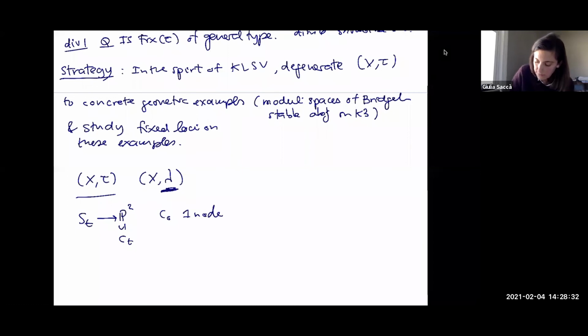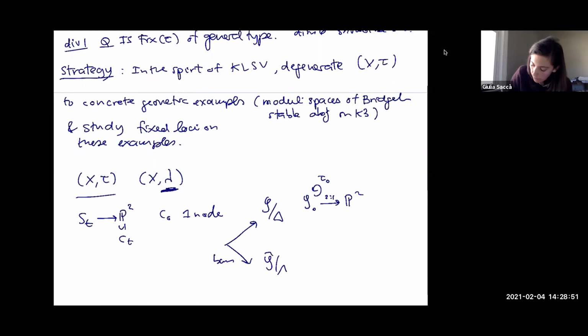And of course, this gives a family of K3s over the disk, where either the central fiber is singular and it has an involution corresponding to the double cover of P2, or after a base change, you resolve the K3, so the K3 surface is smooth and a resolution of that thing, but it still has an involution, but it's the wrong involution because it doesn't cover P2, it covers the blow up of P2.